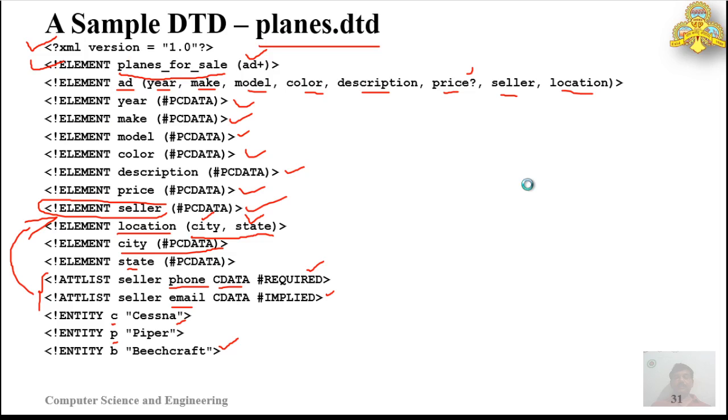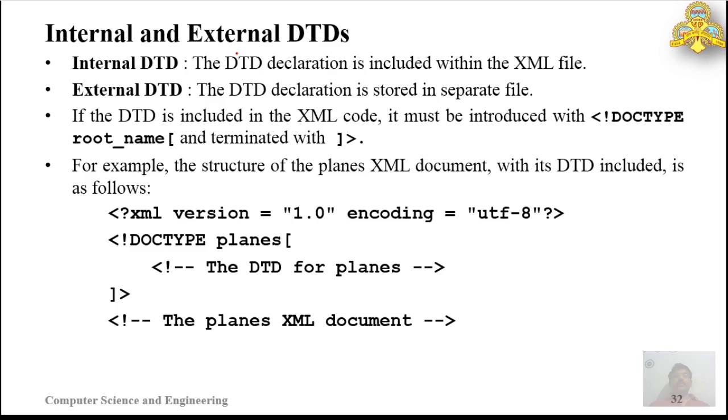If the DTD information is included within the XML file, then it is known as an internal DTD. If DTD declarations are stored in a separate file and linked with our XML file, then it is called an external DTD.